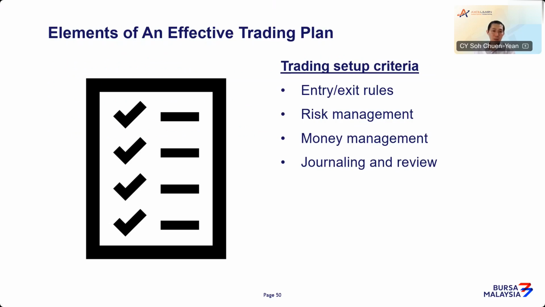Now, here are a few elements of an effective trading plan, and these are elements that you must have. Number one, you need to have clear entry and exit rules. Then you need to manage your risk. Even though you know where to enter and where to exit, that is just your probability of winning and losing only.